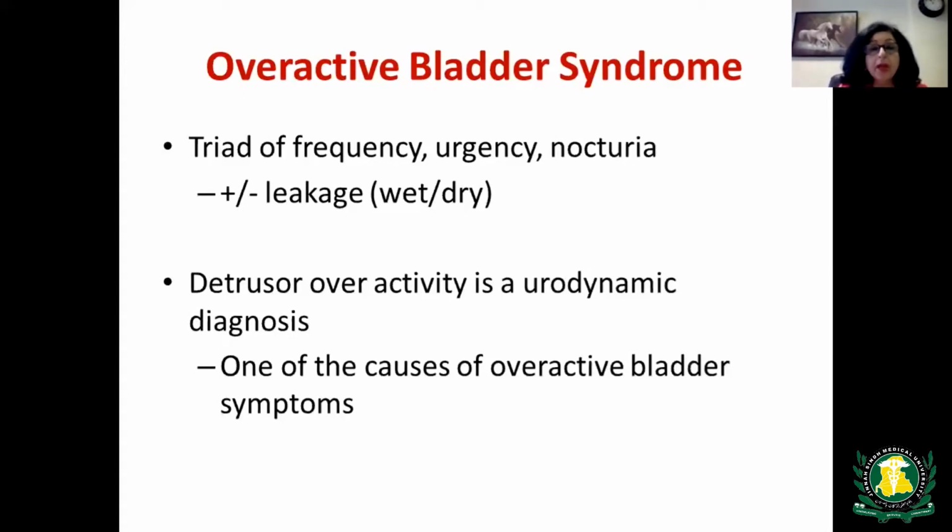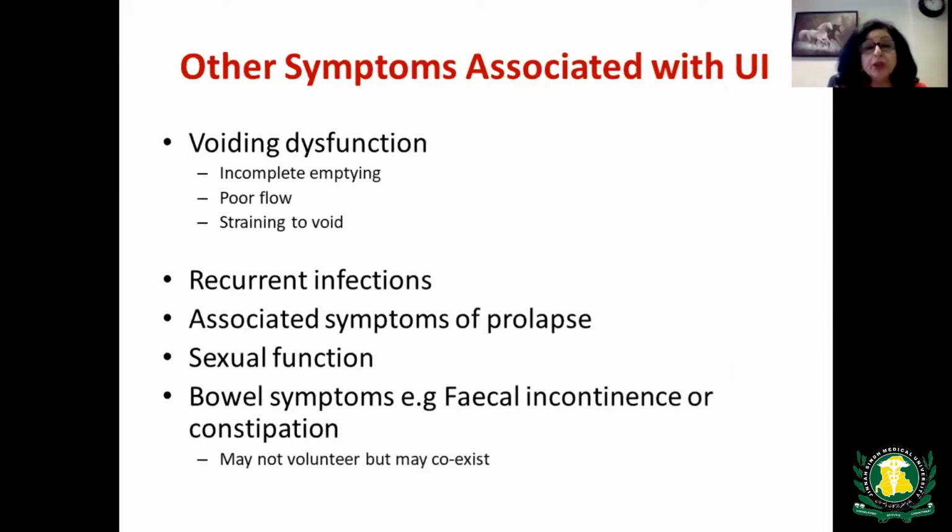So other symptoms that could be associated with urinary incontinence are, women may complain of incomplete emptying. So that means that when they sit on the toilet to empty their bladder, they feel it's all empty, but when they stand up, they still have that desire to go again, so they sit again. So there is double voiding, because they want to have the sensation that they have completely passed the urine, and unless they do it again, they will not be able to achieve that.